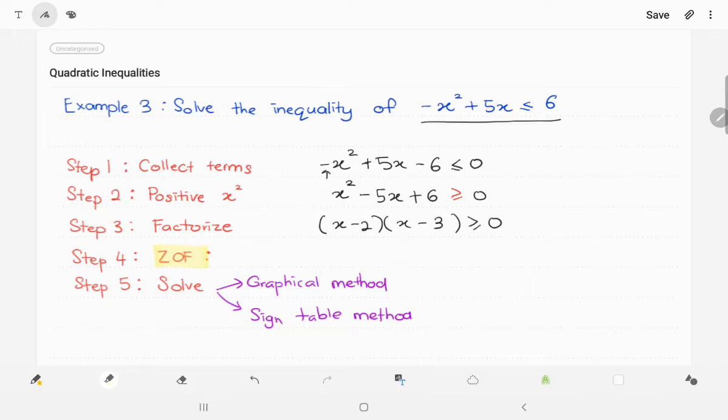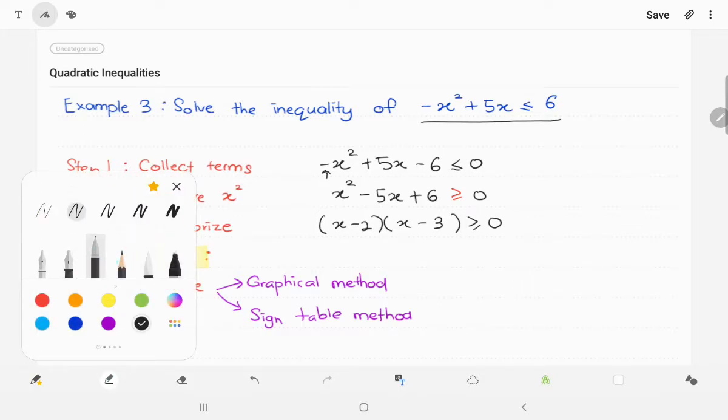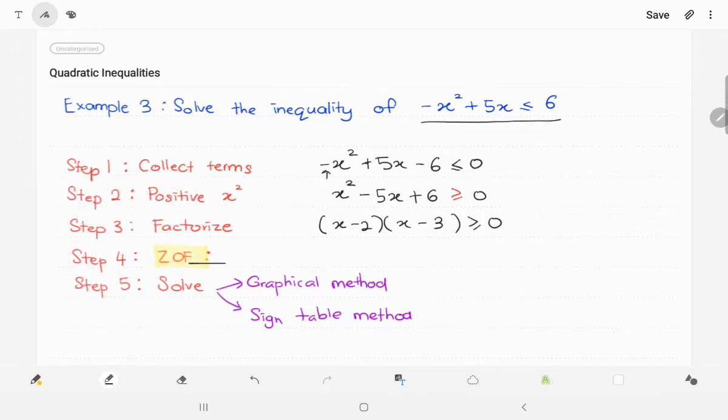ZOF is actually the zero of factors. So what is our factor? x minus 2 and x minus 3. So for the zero of factors, we take our factor and equal it to 0, and then we can find our x. So here our ZOF will be 2 and 3.